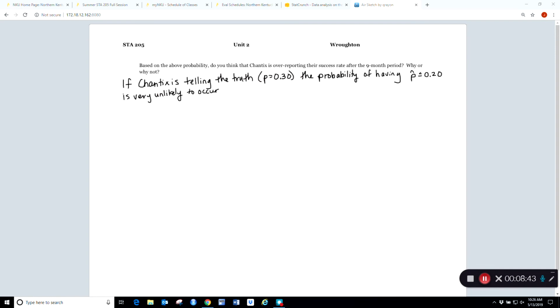So what does that mean? The first thing to emphasize is that it's very unlikely to occur, and it did occur, right? I only got 28 out of my 140 that were smoke-free.